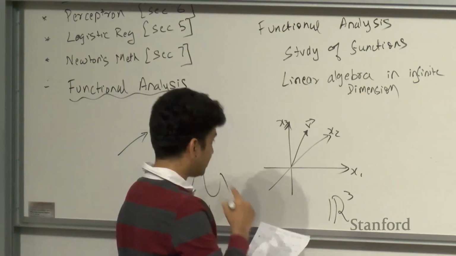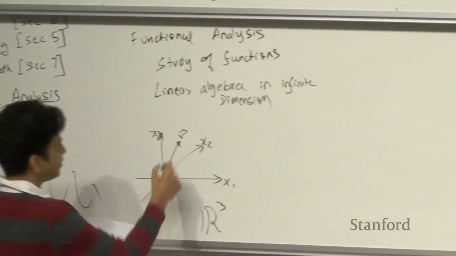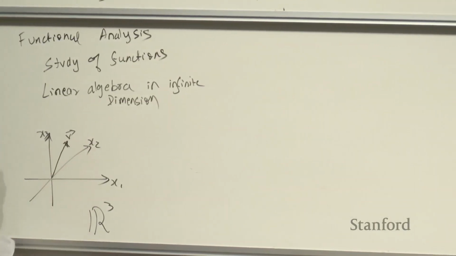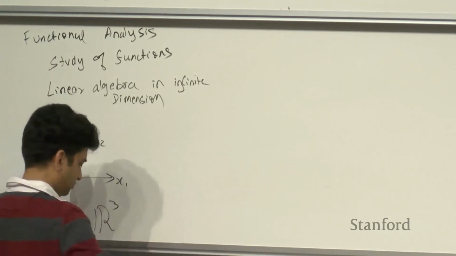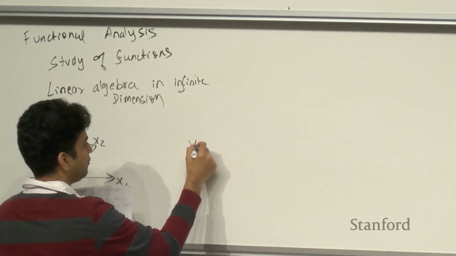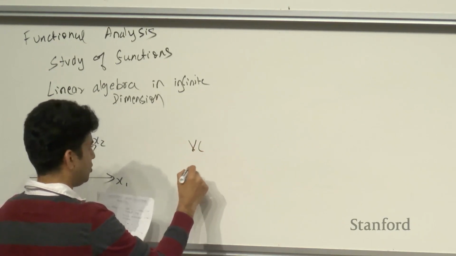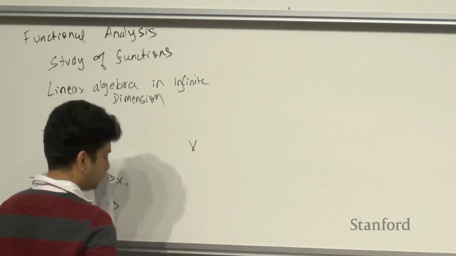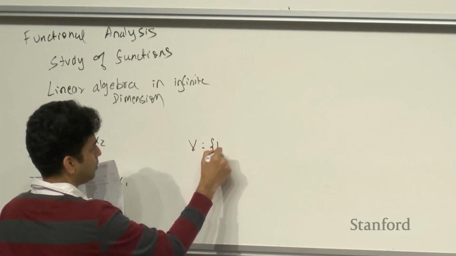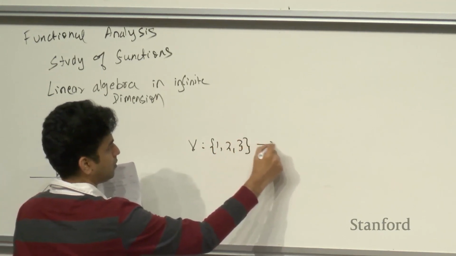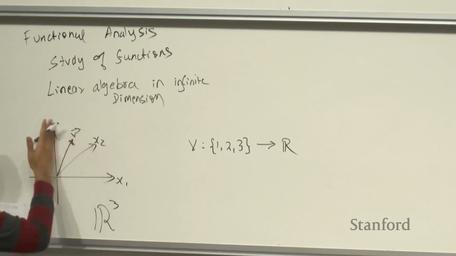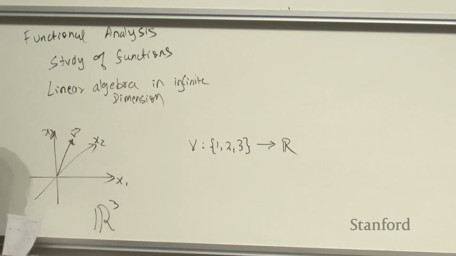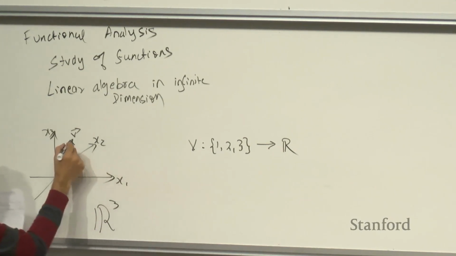So what's the connection there? One way to see it is to think of this vector v as a function defined over a domain. The index of the space is going to serve as the input to the function.